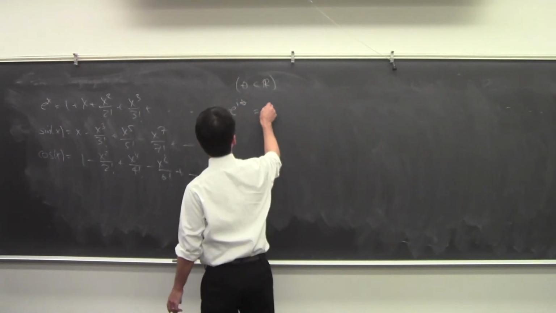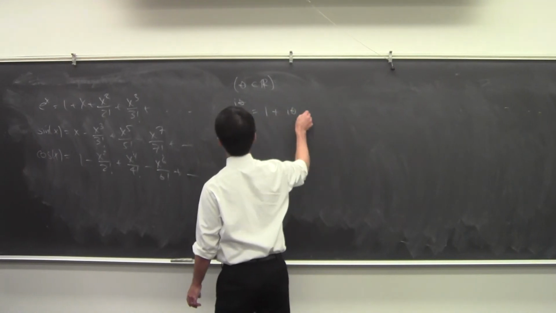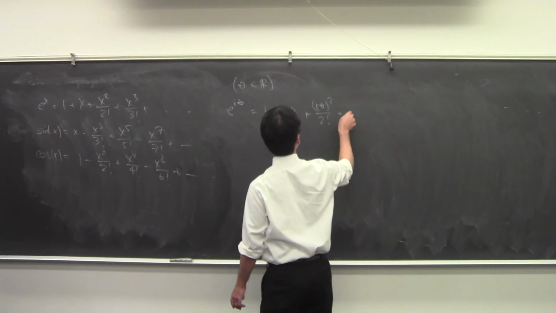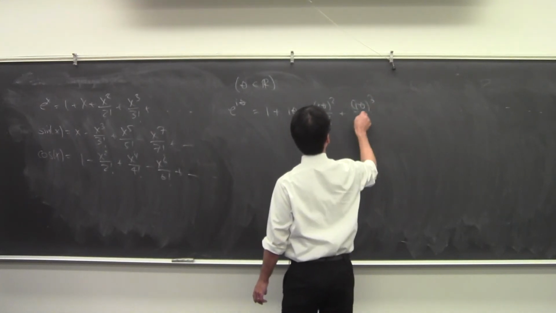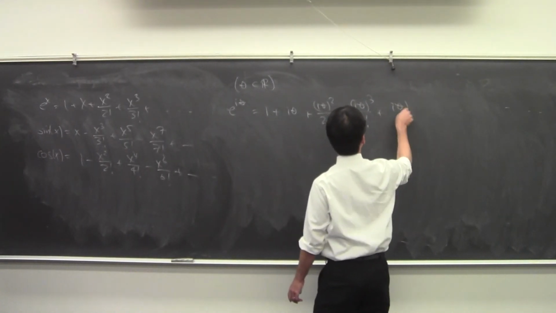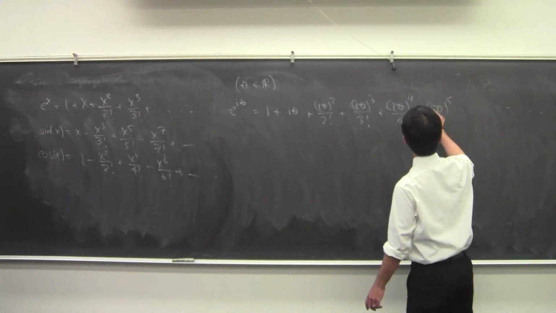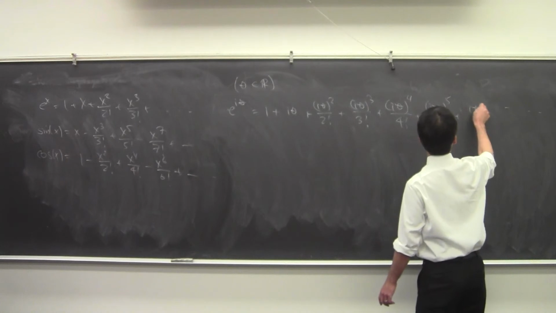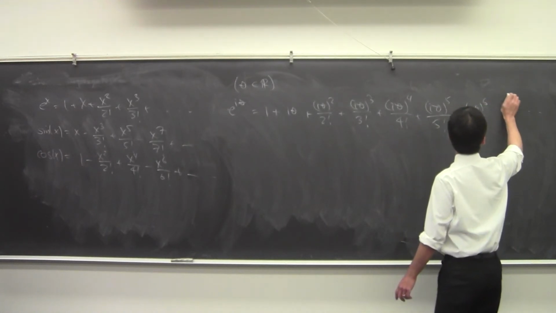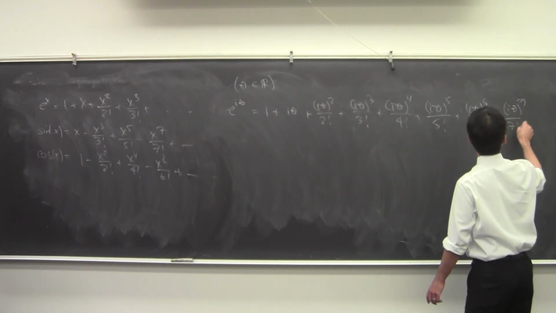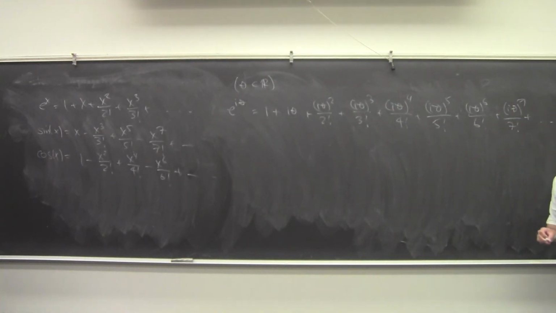Well, that would be 1 plus i theta plus i theta squared over 2 factorial plus i theta cubed over 3 factorial plus i theta to the 4th over 4 factorial plus i theta to the 5th over 5 factorial plus i theta to the 6th over 6 factorial plus i theta to the 7th over 7 factorial, et cetera.